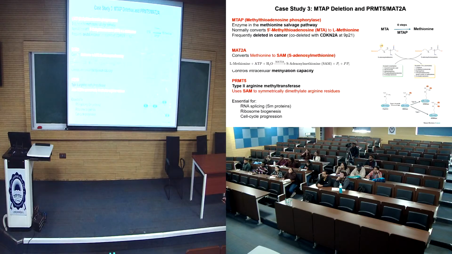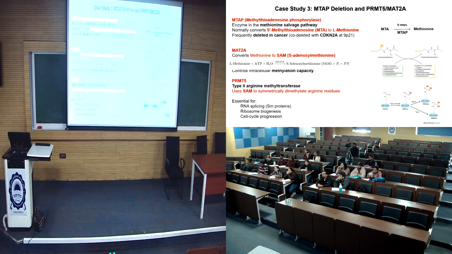Then there is another enzyme which takes this methionine and converts it to S-adenosyl methionine, or SAM. So this is the reaction: methionine plus ATP plus water. This enzyme converts it to S-adenosyl methionine. Look at this structure here. This is S-adenosyl methionine. Nobody calls it S-adenosyl methionine. We all call it SAM.